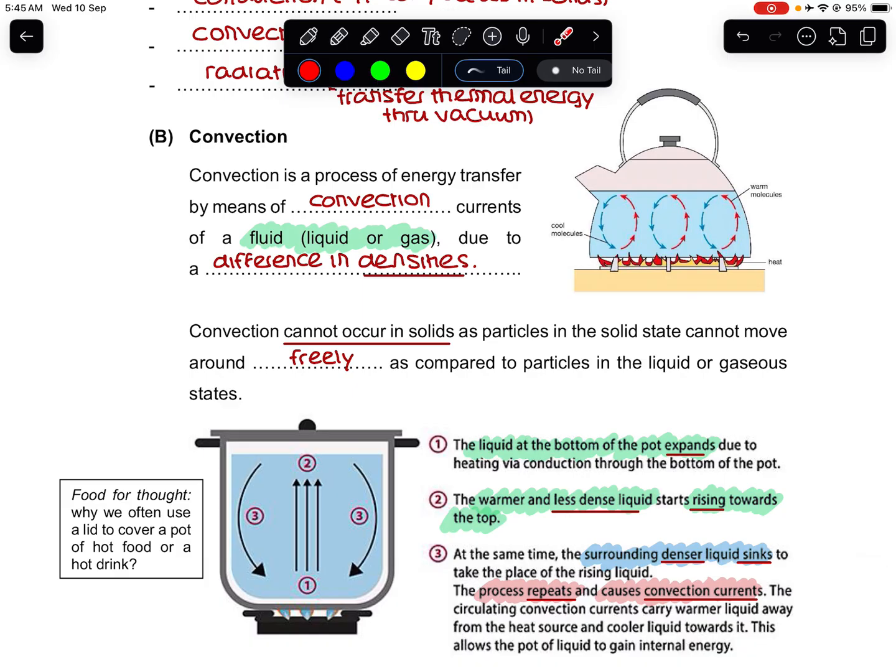Convection basically is a process that involves convection currents, right? As you can see in the image on the right, there are some arrows going in a circular motion. Convection currents typically will be presented in a circular motion on the diagram. And it typically happens in liquids or gases. The reason why that can happen is because of a difference in density.